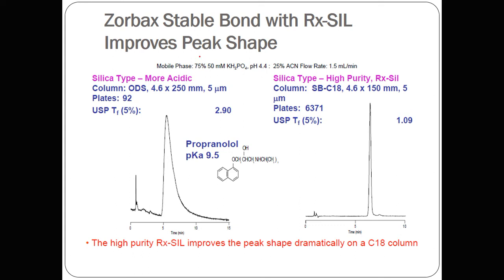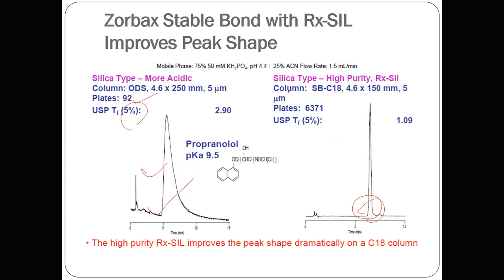Zorbax StableBond with RX-Sil improves peak shape. What is being shown here is that Zorbax RX-Sil is improving the peak shape. Here you can see the peak shapes. With the more acidic type A silica, the column is ODS 4.6 x 250 mm, 5 micron. Plates are 92 and USP tailing factor 5%. We cannot say that it is a good shape, so we cannot consider it.